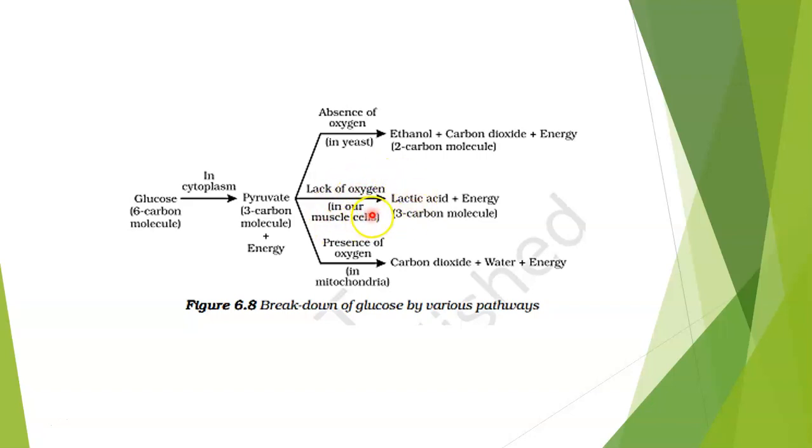So at that time they convert this glucose into lactic acid plus energy. Instead of converting into this, they'll do this pathway. They choose this pathway because there is insufficient oxygen available to the muscle cells.